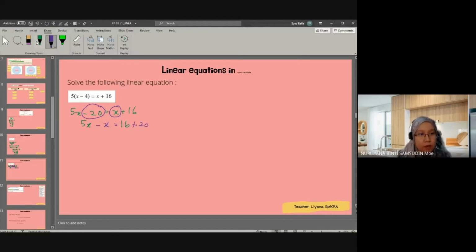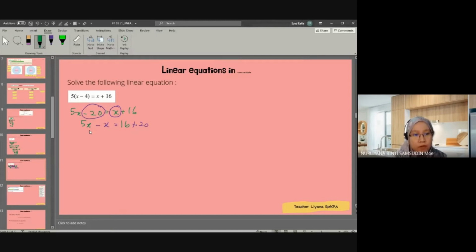Now 5x minus x will become, remember if you are confused about this, 5x minus x. So imagine you have 5 apples, you minus 1 apple. x means the same variable, the same thing. So you have 5 apples, you eat 1 apple, now how many apples left?